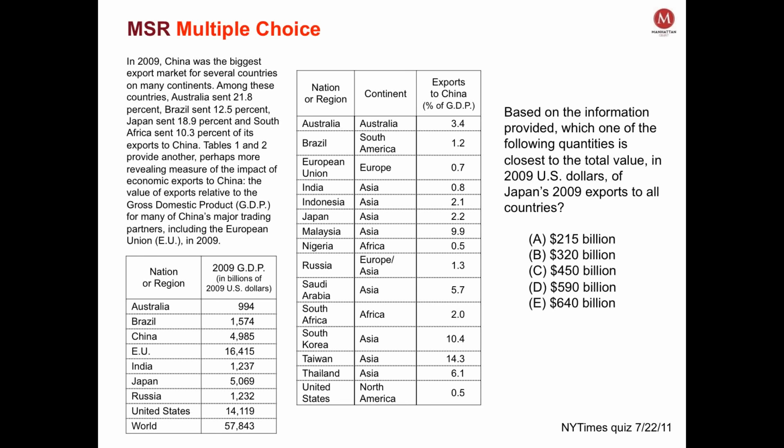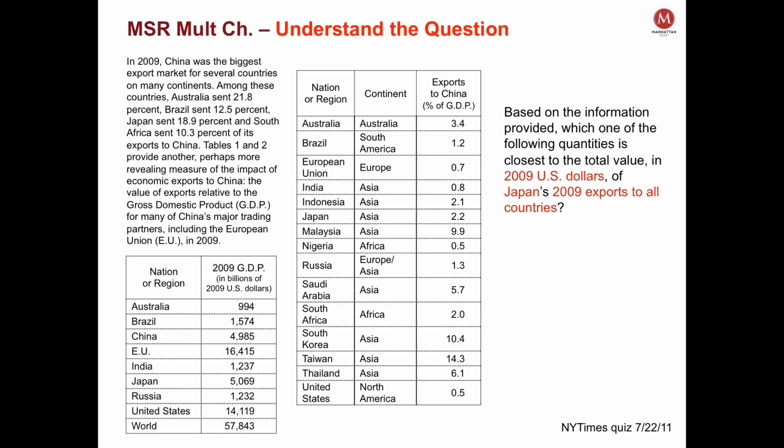This is not a lookup problem. We don't have that. We do have Japan all over the place, and some of you are clearly thinking in the right direction, right? We're trying to look at this 2009 US dollars of Japan's exports to all countries. Okay, it's got to be about dollars, it's got to be about Japan, so you definitely need that second chart with the GDP.